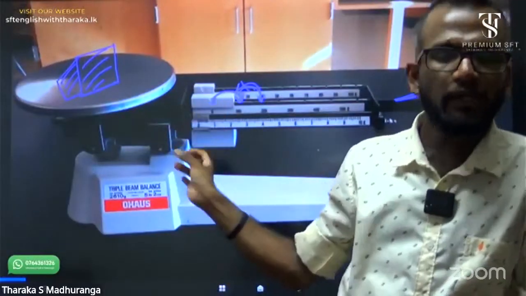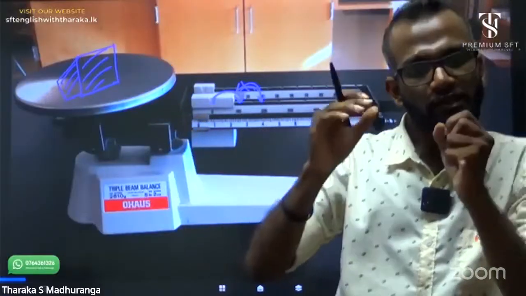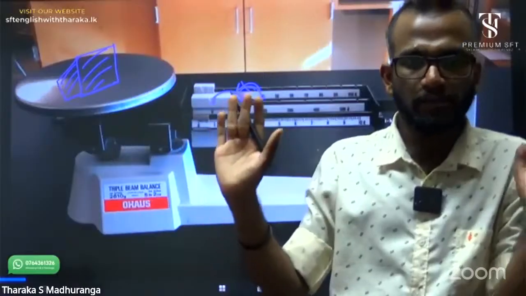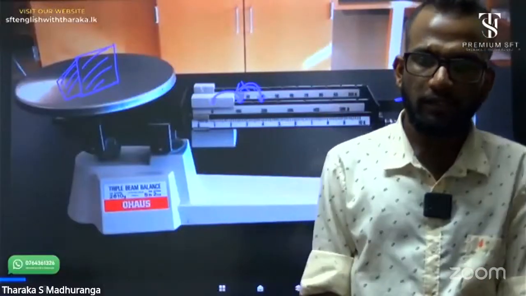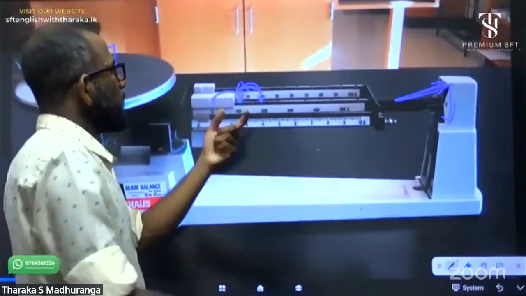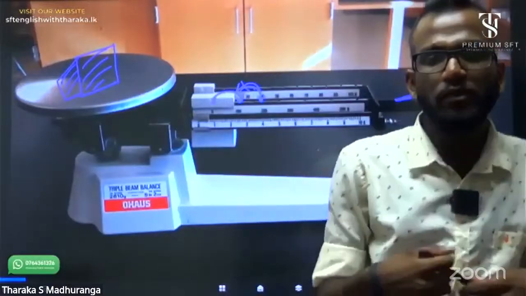Okay, that's the heaviest mass done. The middle beam 100-gram rider part is completed. Next step, go to the next heaviest mass.